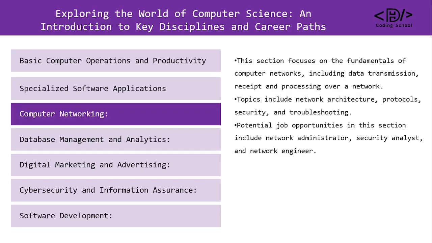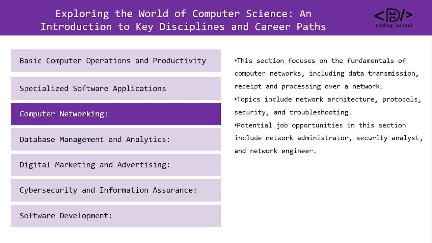Okay, so up next is computer networking. This kind of career discipline focuses on fundamental computer networks, including data transmission, reception, and processing of data over a network. Okay, so here you are getting into more software, and specifically you are looking at how we transport and process data over a network.